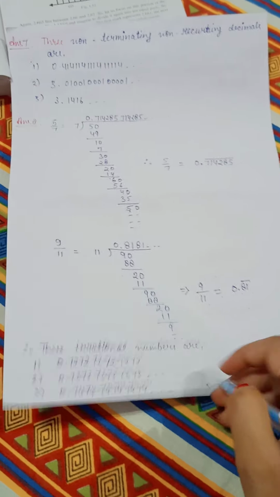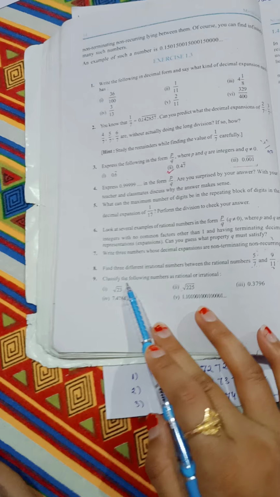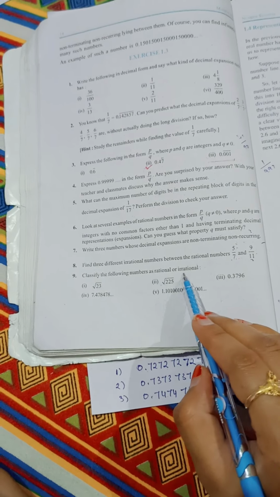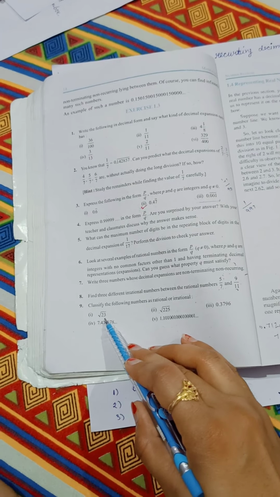Okay, now come to question number 9. Question number 9 states: classify the following numbers as rational or irrational. First is under root 23.